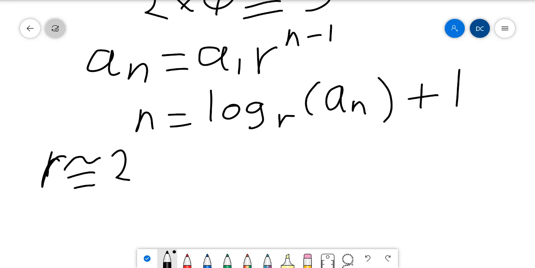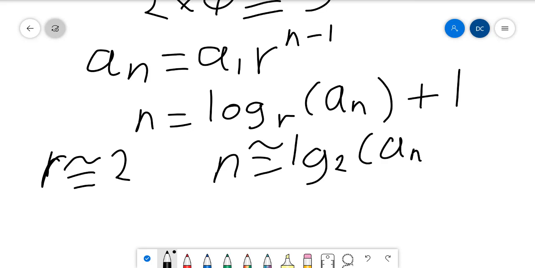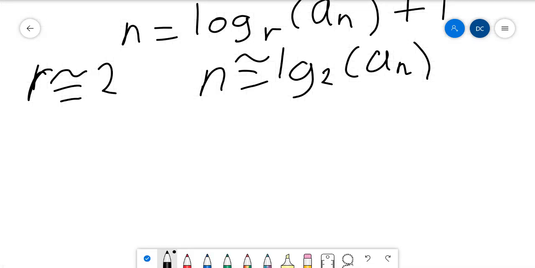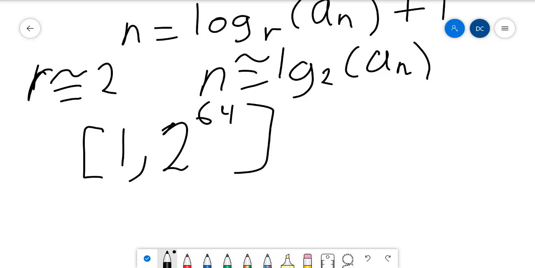So remember this, r is very close to 2. So we can approximate that this n is going to be close to log base 2 of a n. It is close, not exactly, but it's close. And in the range that we usually work in these competitive programming problems, which is 1 to 2 to the 64, there are a little bit more than 64 steps, but it's actually an acceptable number of steps instead of 1000 or 1 million.